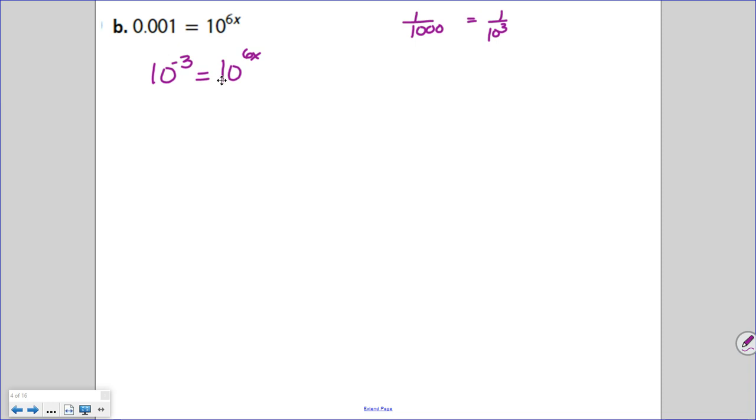So now I have 10 to the negative third equals 10 to the 6x. The bases are the same, so I can set the exponents equal to each other. Negative 3 equals 6x. Divide both sides by 6. Negative 1/2 is equal to x.